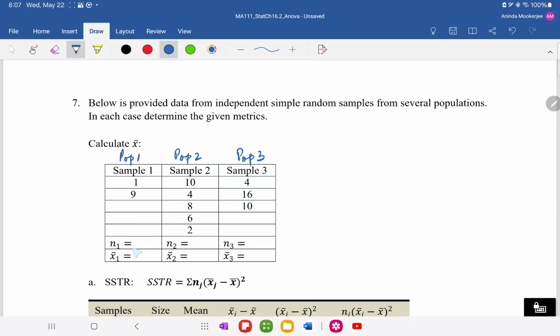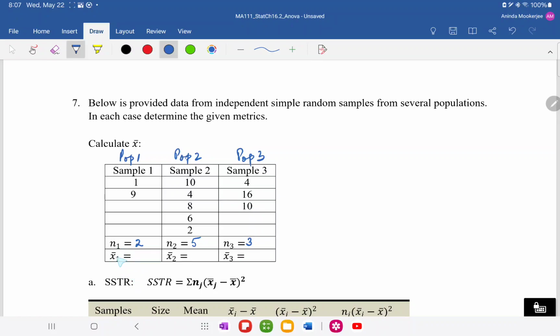First, I'm going to find my n values and then my individual sample mean values. First of all, n is going to be 2 because we have 2 values in our data points. And then for sample 2, we have 5 for n. And then for sample 3, we have 3 values, right?